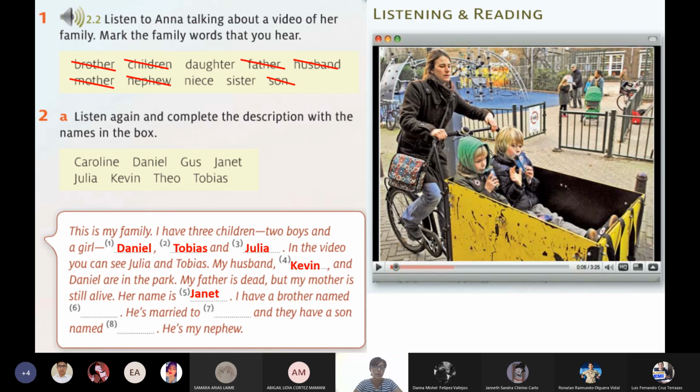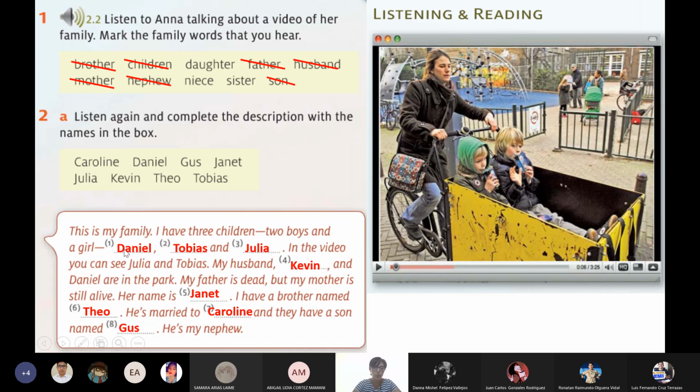He's married to Caroline, and they have a son named. So the last one, please, Dana. What about number 8? The last one. What is the last name? And both of them have a son named. ¿Cuál es el último nombre que falta? Gus, right? And they have a son named Gus. He's my nephew. Okay, so here you have all the family, the names of the family members.